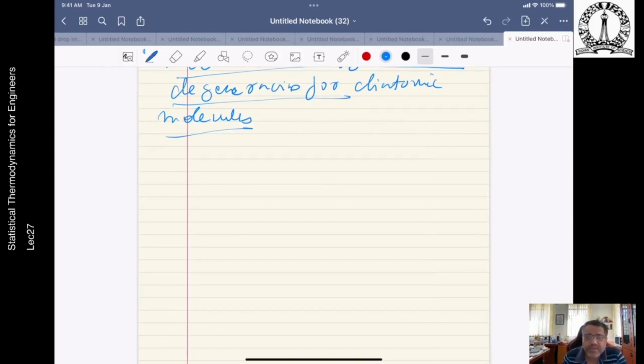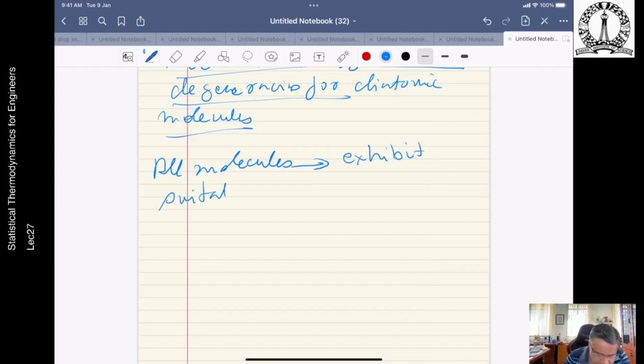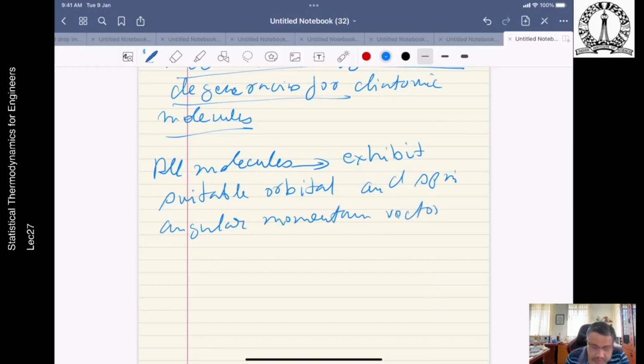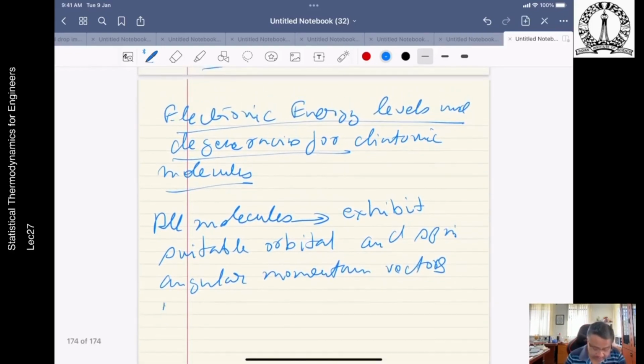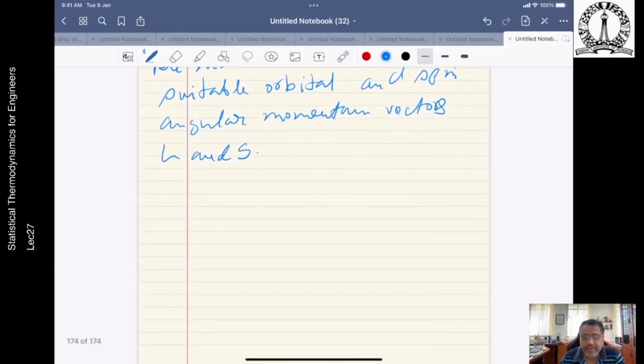All molecules exhibit suitable orbital and spin angular momentum vectors L and S.